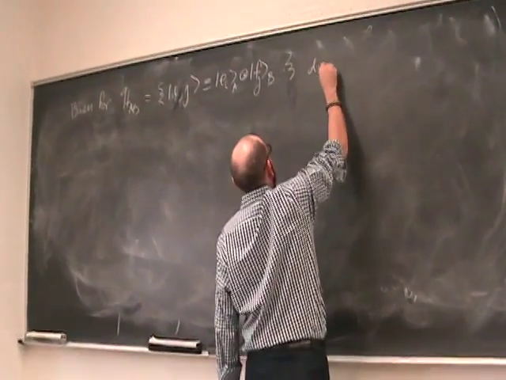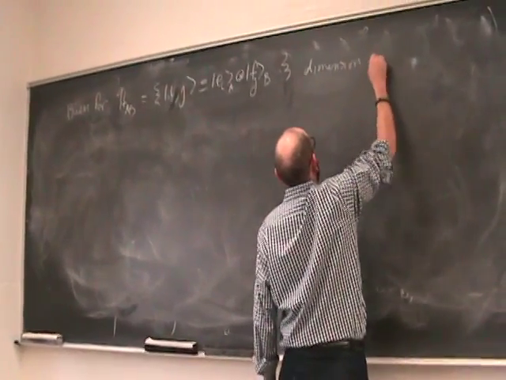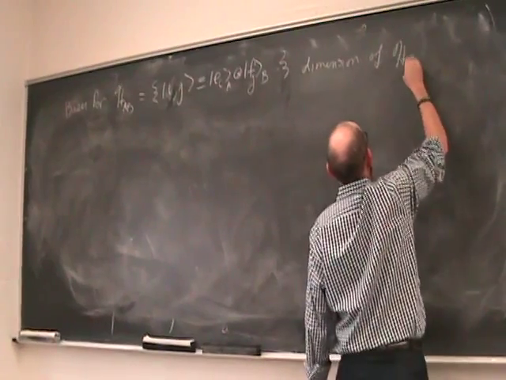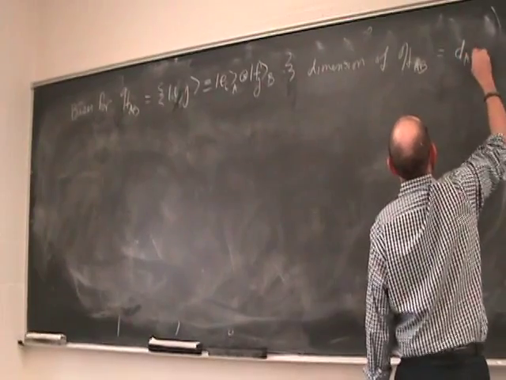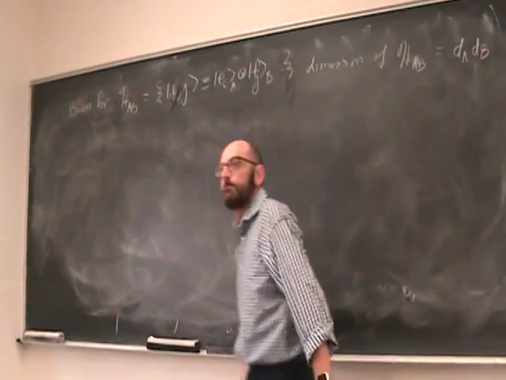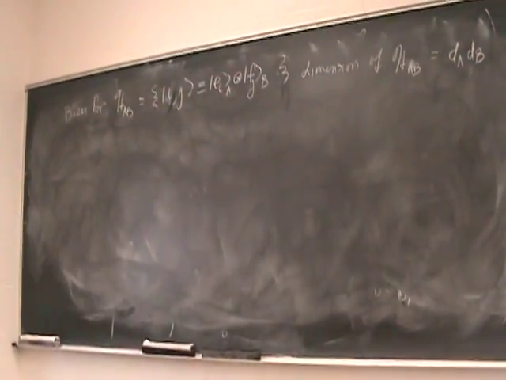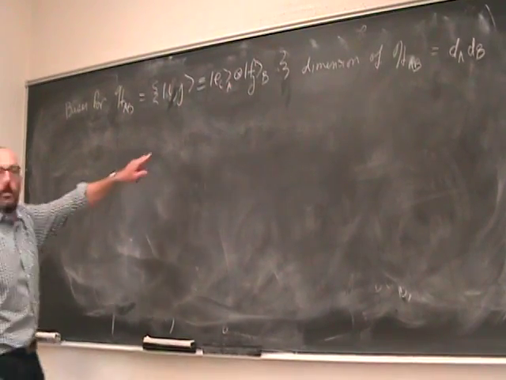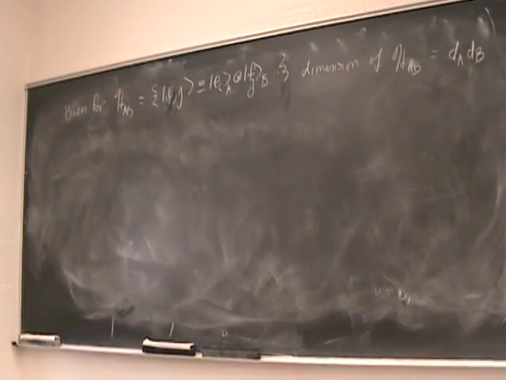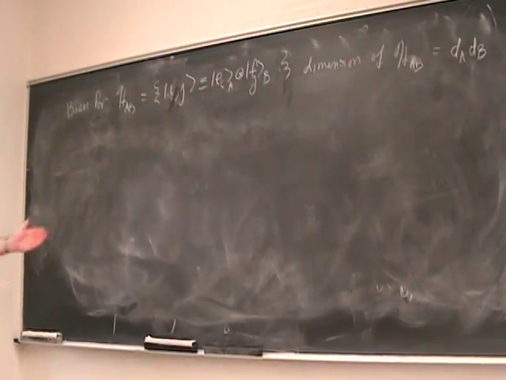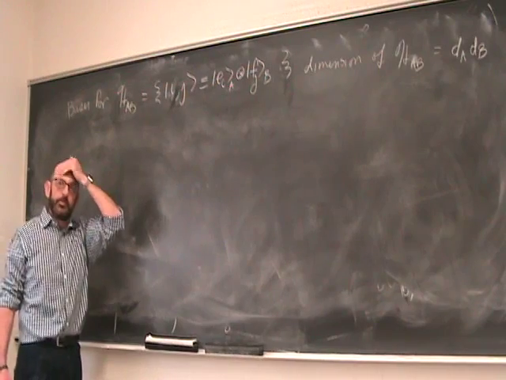And the dimension of the joint space is what? dA times dB. Thank you very much. Those are all the basis vectors here. The product of the dimensions is the dimension of the joint Hilbert space.